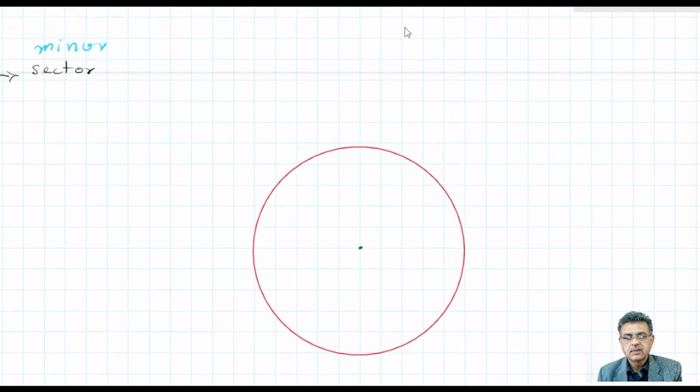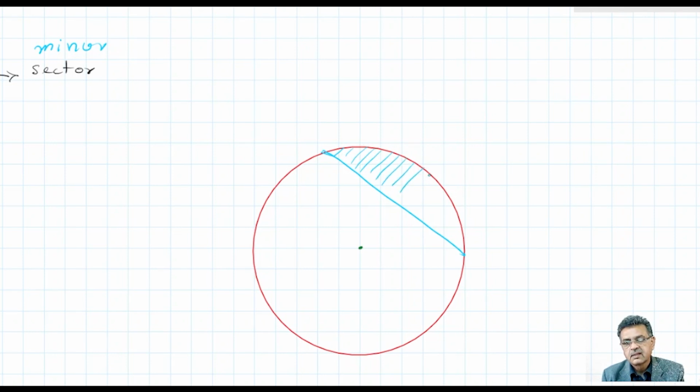Once again, if we mark 2 points like this, then the area between the chord and arc, this area between the chord and arc, that is called a segment.